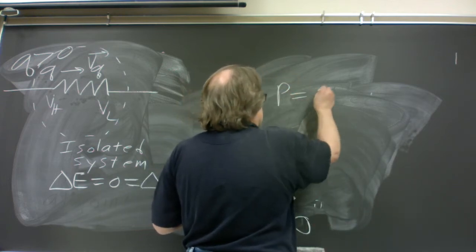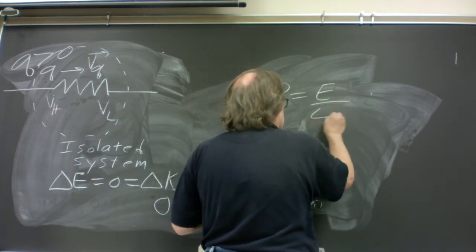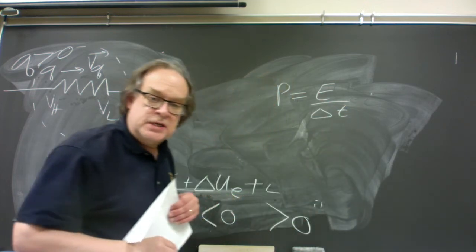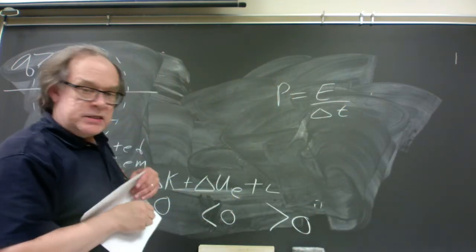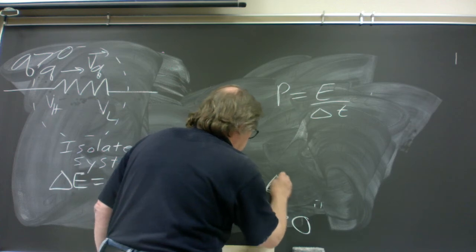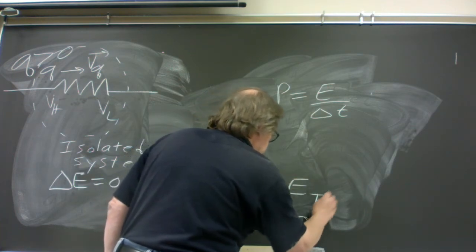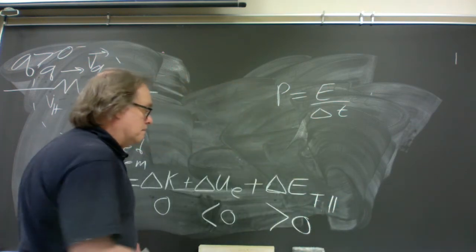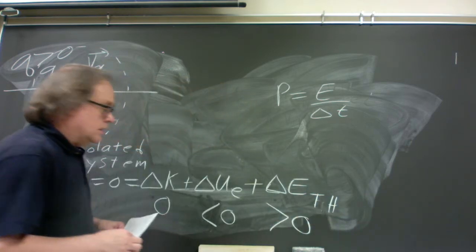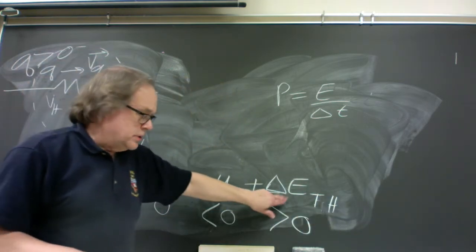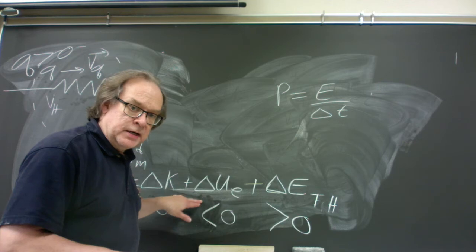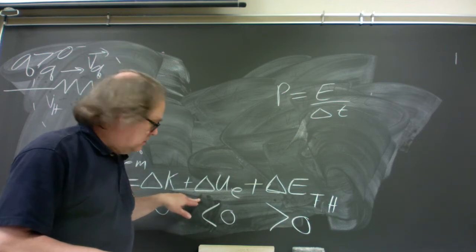Power is just the energy received in a certain amount of time. Well, in this case, in this simple example, the energy received was this energy, and it came from here.